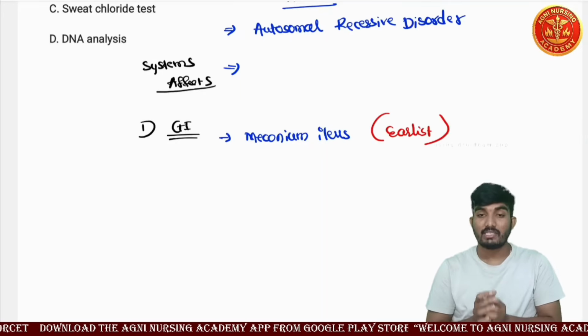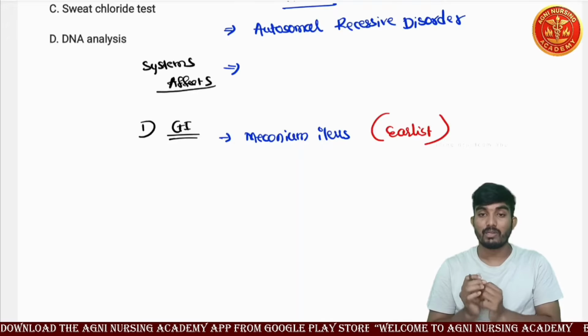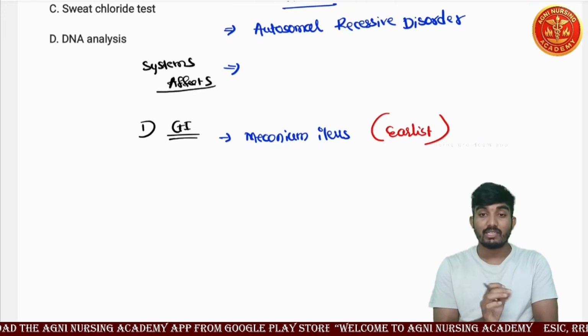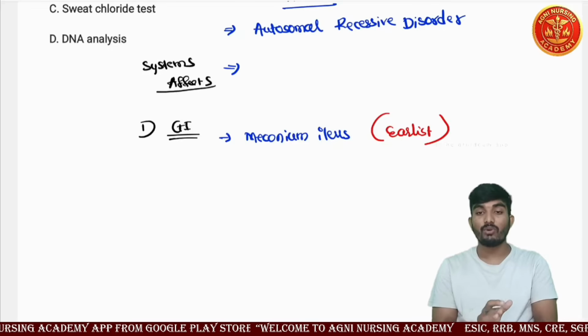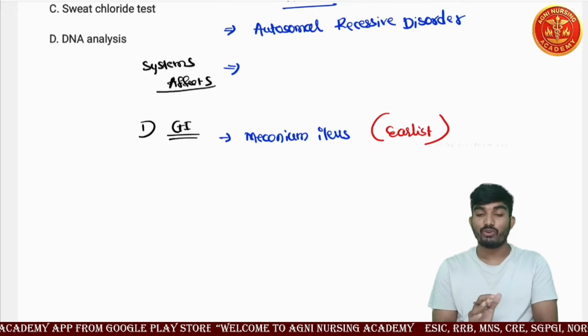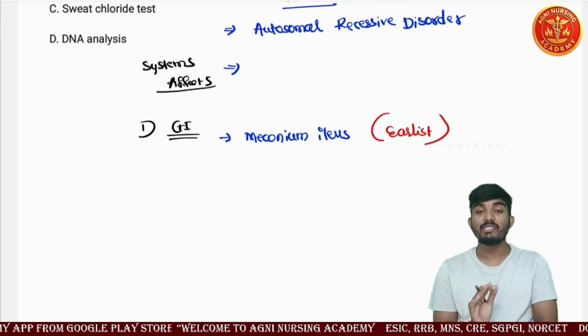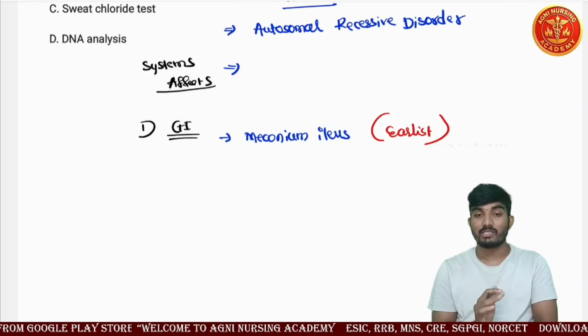The secretions present in the intestine will be thick, and the child is not able to pass meconium within 24 to 48 hours. This is the earliest sign in cystic fibrosis.